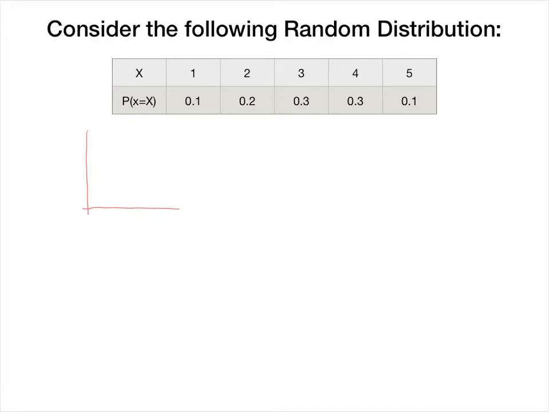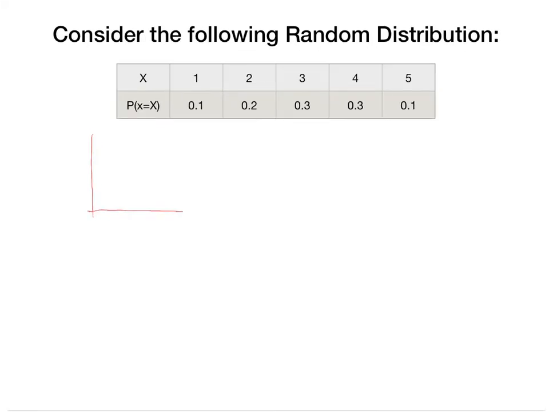All right, so let's go ahead and put it on. We've got 1, 2, 3, 4, and 5. And then with the probabilities, we need to go up to 0.3, so 0.1, 0.2, and 0.3. So 1 went up to 10%, 0.1. 2 is going to go up to 0.2.